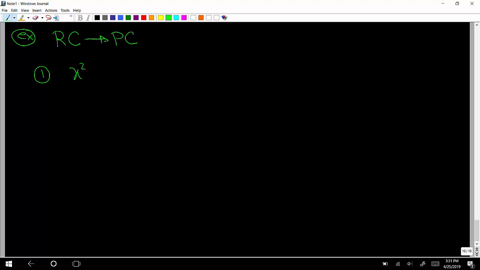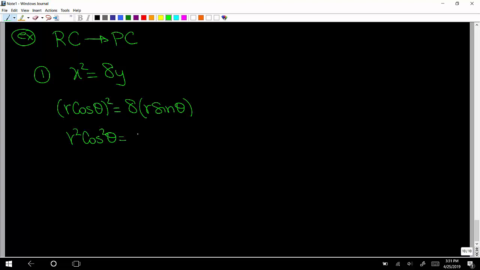Let's say we have x squared is equal to 8y. Now this is in rectangular coordinates, but I know x in polar coordinates is r cosine theta, so I get r cosine theta squared is equal to 8, and y is r sine theta. So I get r squared cosine squared theta is equal to 8r sine theta.